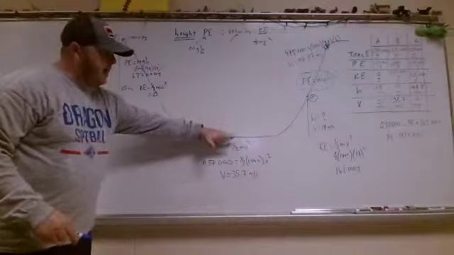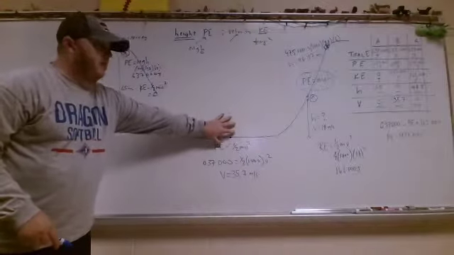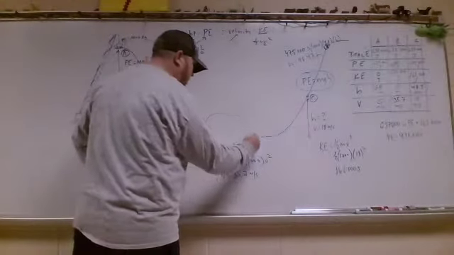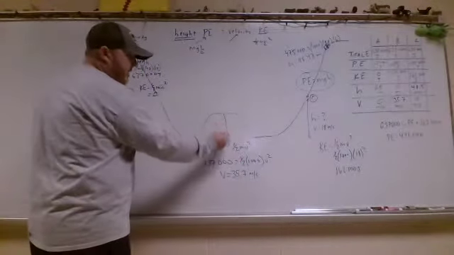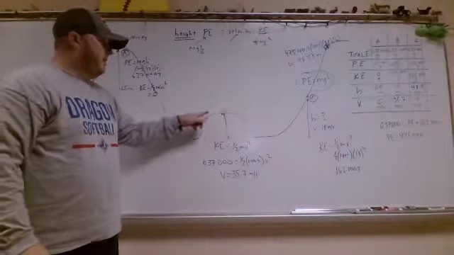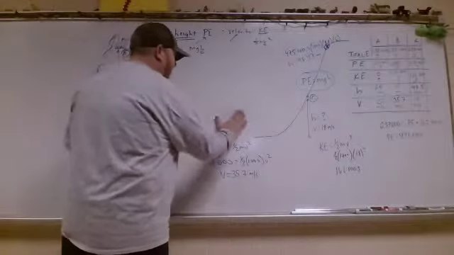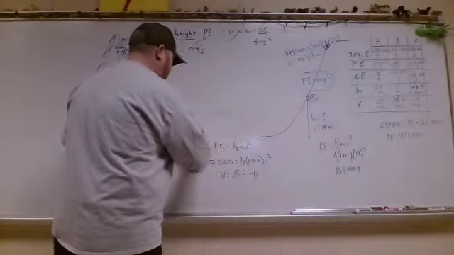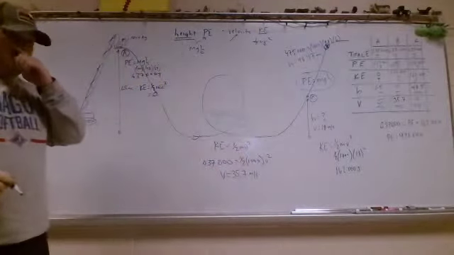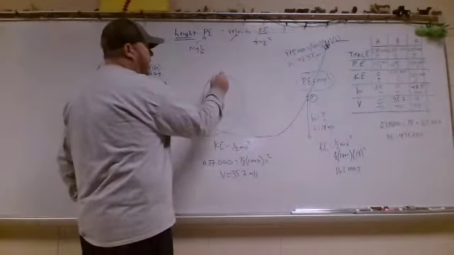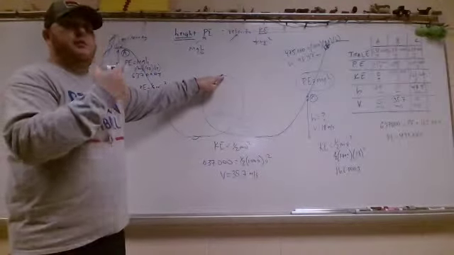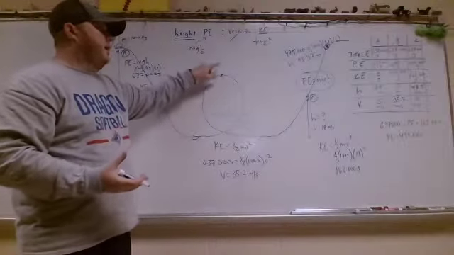Now, like I said, it doesn't matter what happens in the middle here. I could have a hump like this, and if I knew the height of that hump, I could just find the potential and the kinetic there and then solve for the velocity to see how fast it was going. I could put in a loop, right? And at this point right here, I know the height, and I could calculate the potential energy, which would give me the kinetic energy, which I could use to get the velocity.